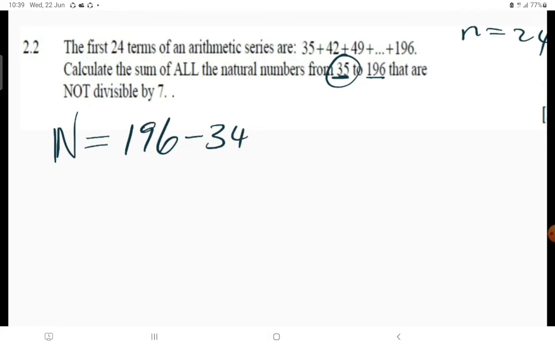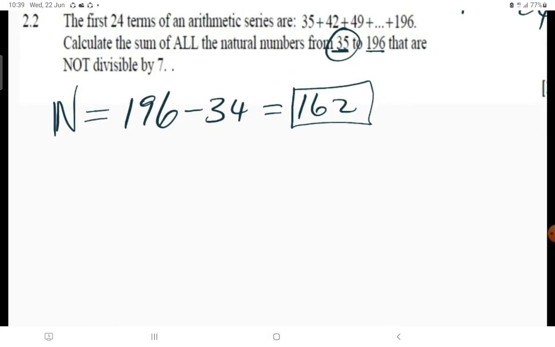So you will get 162, which is the total number of natural numbers starting from 35 up to 196. So you have 162 natural numbers in this pattern from 35 to 196.